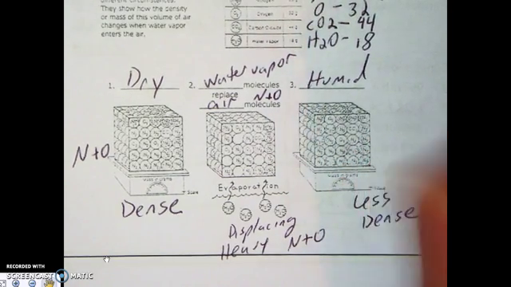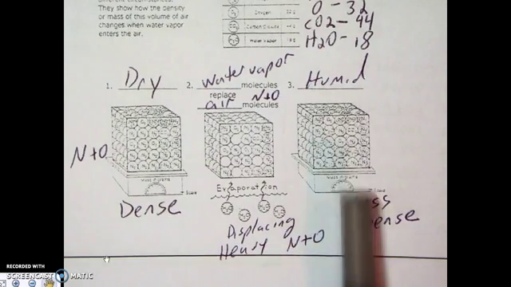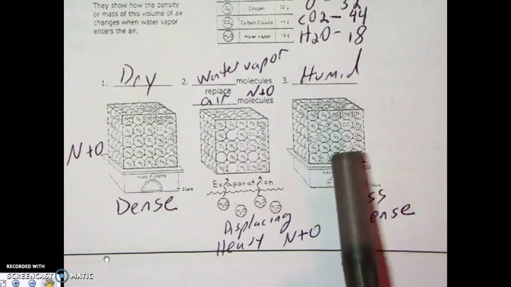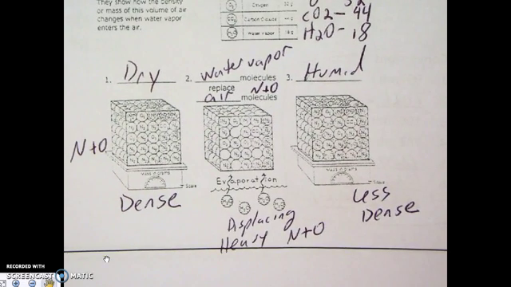It weighs less for the same volume. Dry air always weighs more. Humid air weighs less when we're comparing equal quantities. And it's because we're pushing that nitrogen and oxygen out of the way. It's not that the nitrogen and oxygen disappears. We've just displaced it to somewhere else.